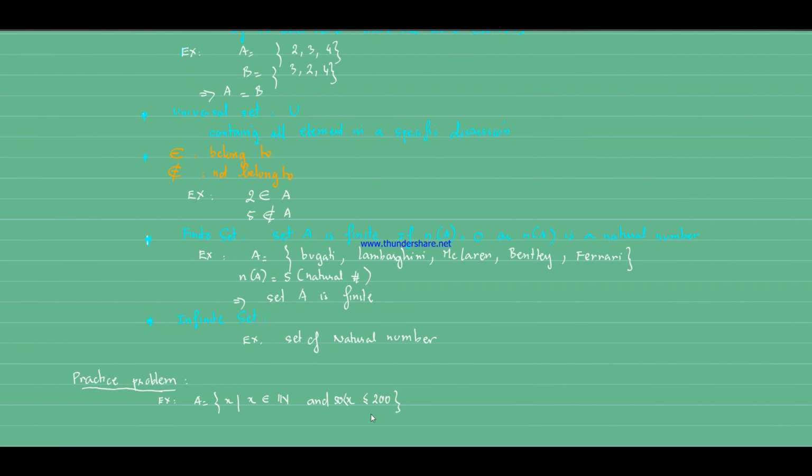Then we can write the roster method. I'm going to write in a different color so you know this is called the roster method. The roster method is the same as the set notation, except that they throw away the capital A, the name right here.